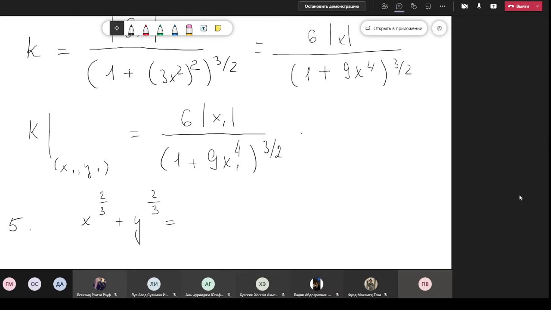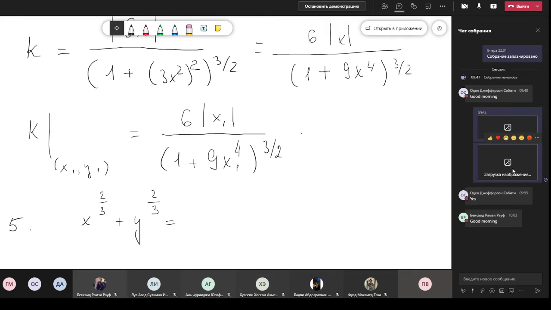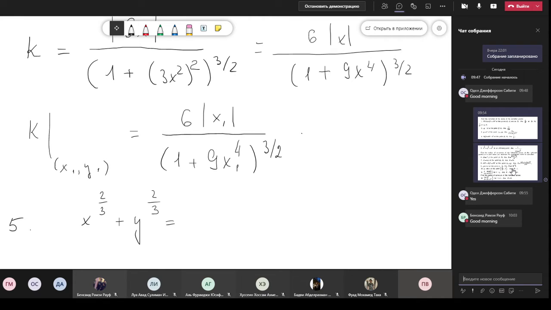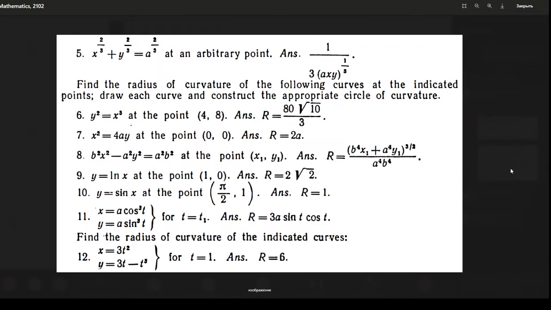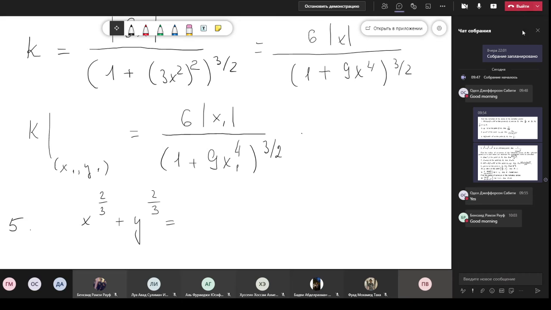Equals what? Equals a to the power of 2 over 3 at an arbitrary point.